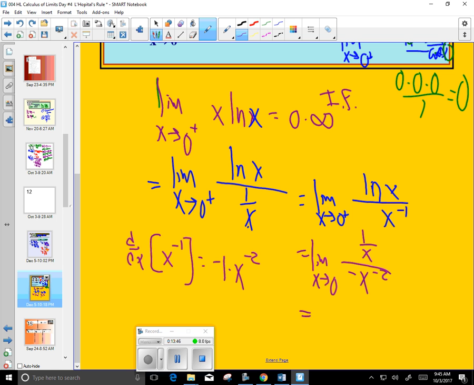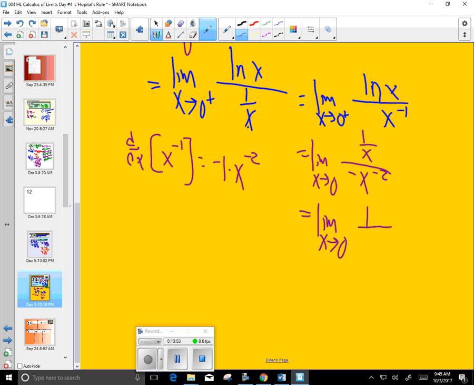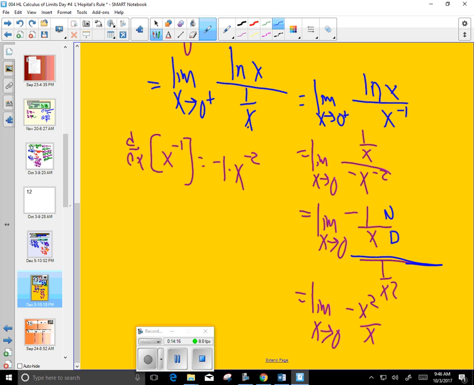So rewriting this, you get the limit as x approaches 0 of 1 over x, over negative 1 over x squared. Where does this x squared go? On the top, yep. So you get the limit as x approaches 0 of negative x squared over x, because this is the numerator and this is the denominator.